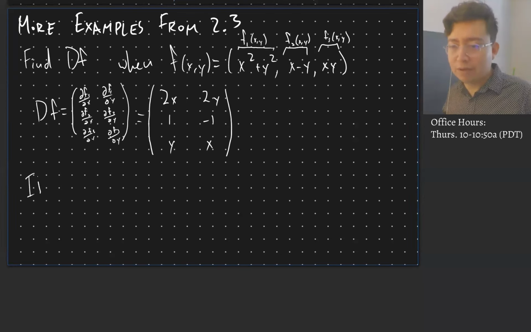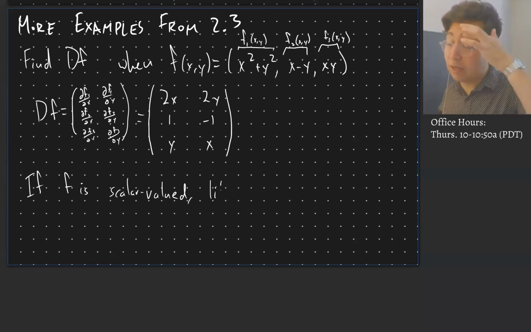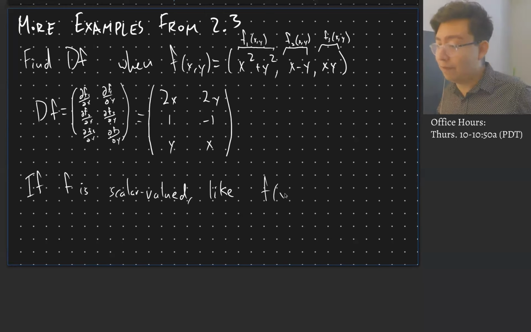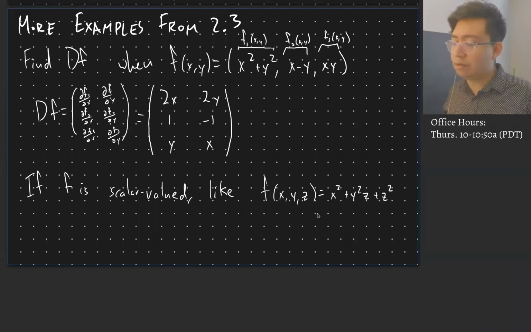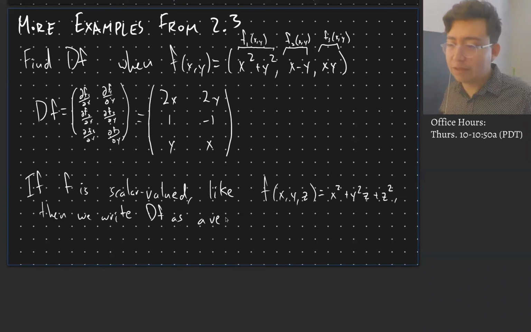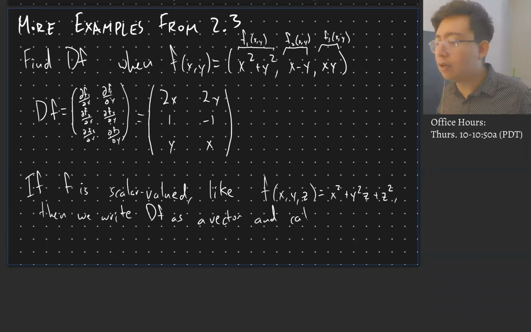Now, if f is scalar valued, something like f of x, y, z equals x squared plus y squared z plus z squared, then we write df as a vector and call it the gradient of f.